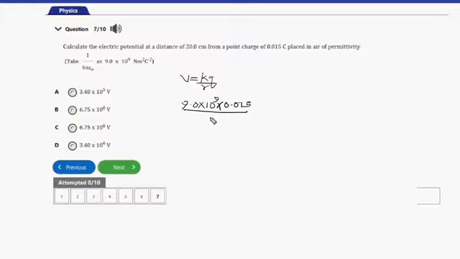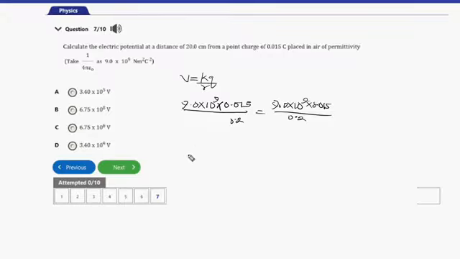Then this will be over R, which is the distance. Here, the distance is given in cm, so we have to convert this to meters, and that will give us 0.2 meters here. So with this, we have 9.0 times 10 to the power of 9 times 0.015 over 0.2 meters.